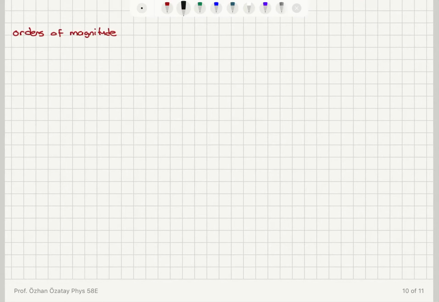One of the things we talked about is Earth's magnetic field. If you try to measure it, it is of the order of 0.5 Ørsted at the surface of the Earth.